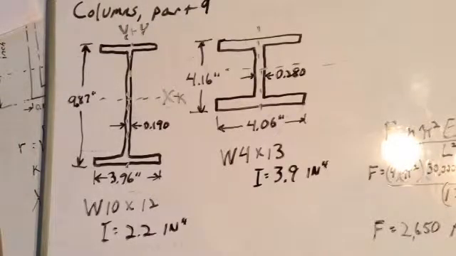Thus, the W4 by 13 beam will withstand a load of 25% more, which is 65.5 divided by 52.4, or 1.25, and can be stressed 16% more, 17,100 psi, compared to 14,800 psi, which is 1.16, even though its weight is only 8% more. 13 pounds divided by 12 pounds is 1.08.